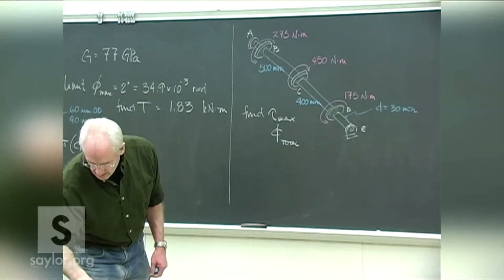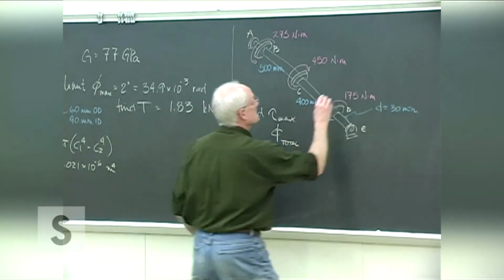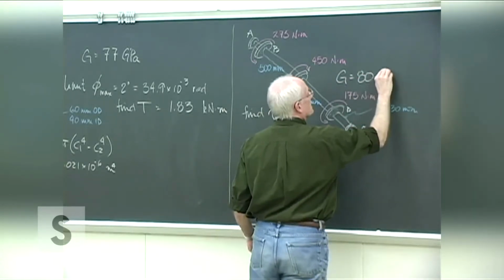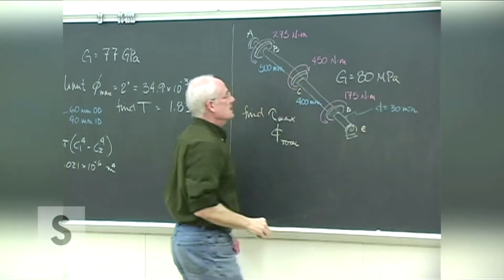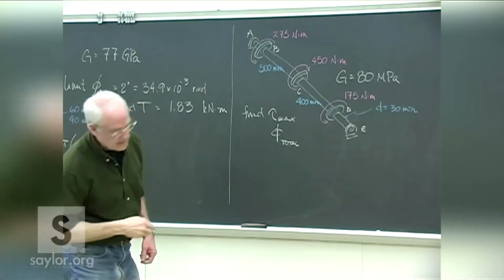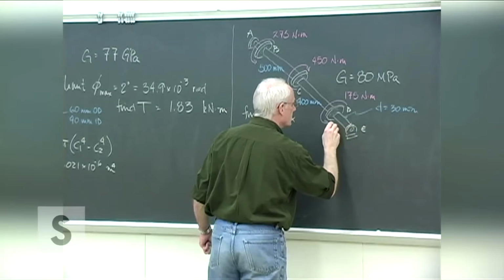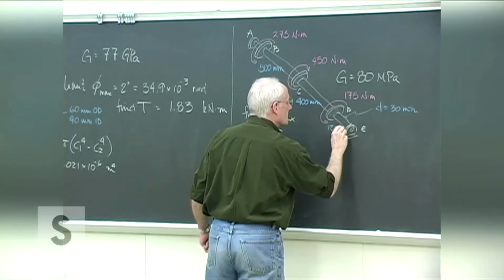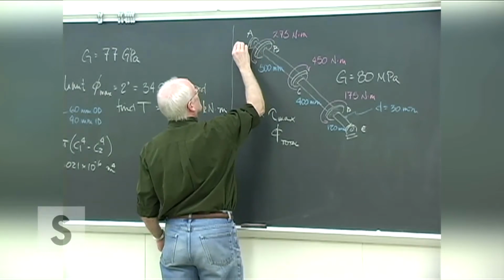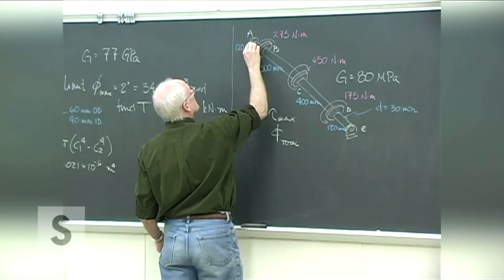You also need two other little pieces. G is 80 megapascals, and the extra dimensions on either end to the bearings, 120 millimeters on each end.